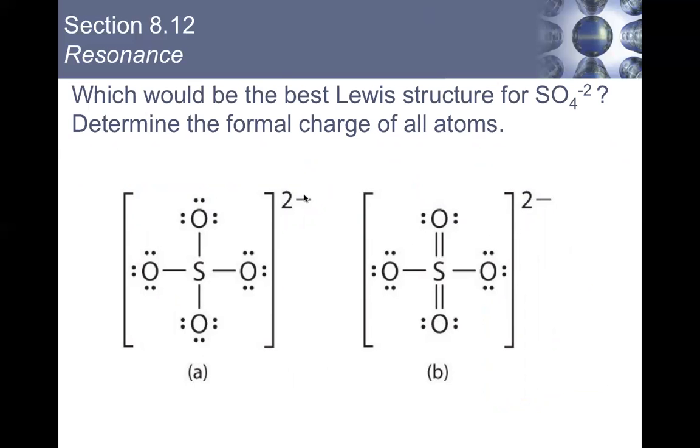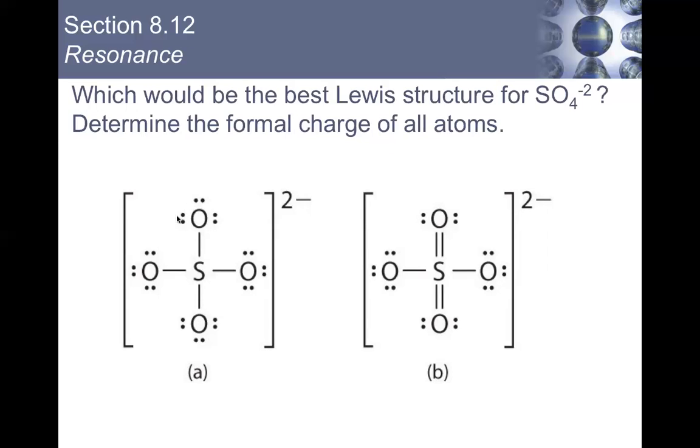So let's go through and find some formal charges. Do you want to use valence minus lone pair plus half, or do you want to do should minus have? Should minus have. Okay. Oxygen should have how many? 6.